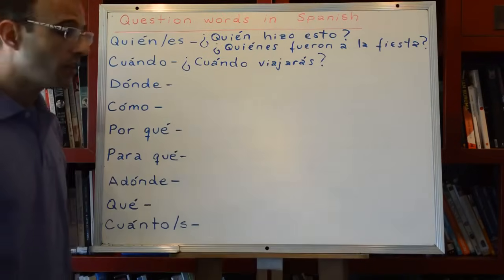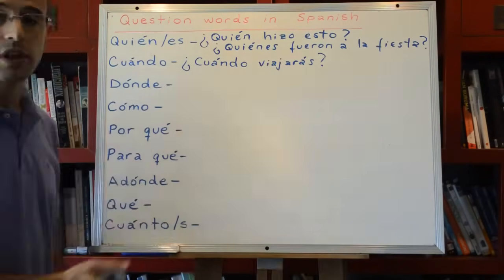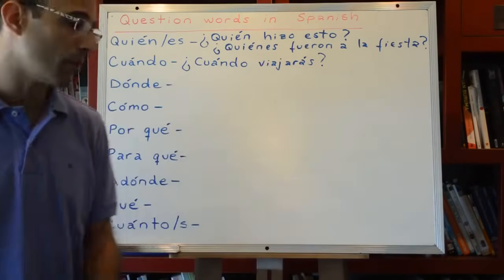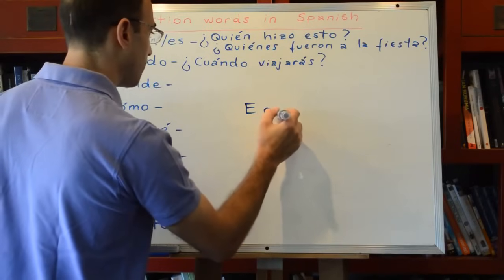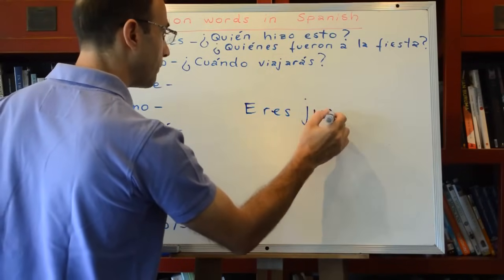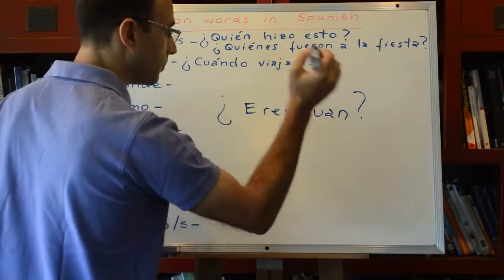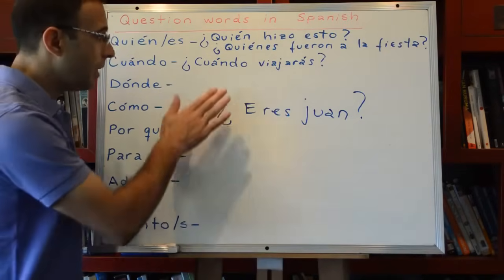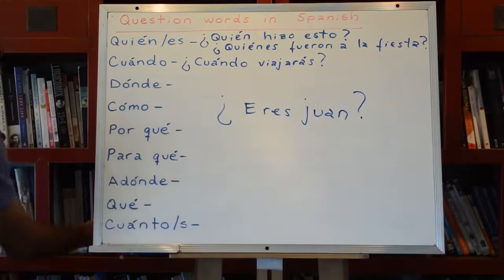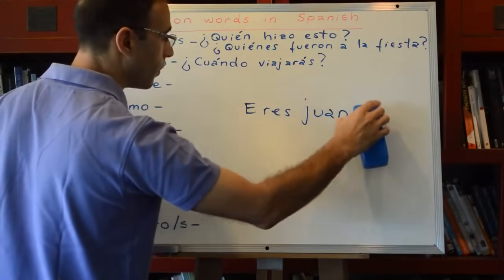But we have sentences that do not necessarily begin with these words and still are questions. Like, for example, ¿Eres Juan? Are you Juan? Are you John? Right? Now, if I remove the question marks, this is not a question anymore.